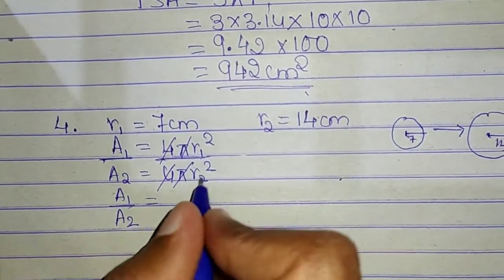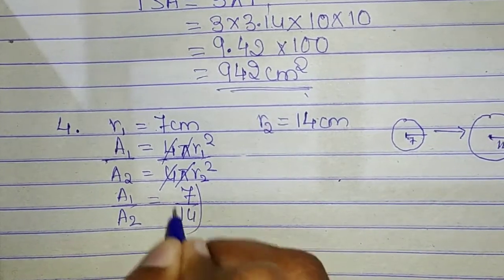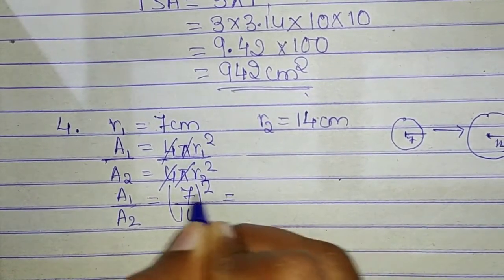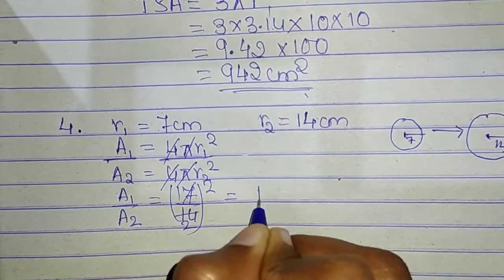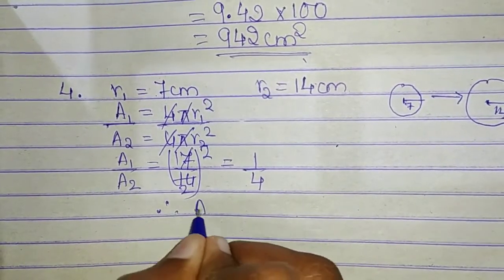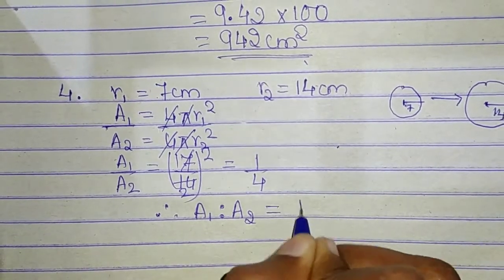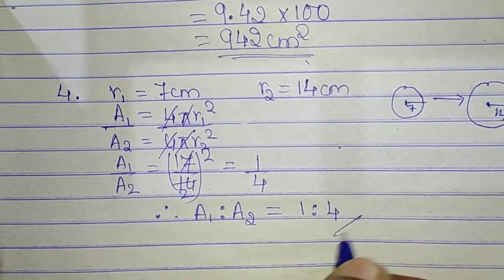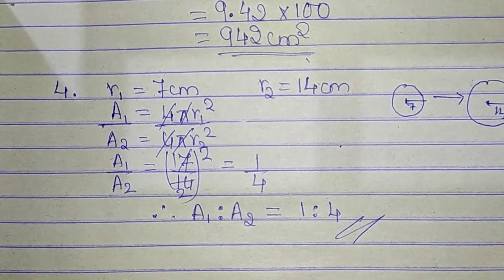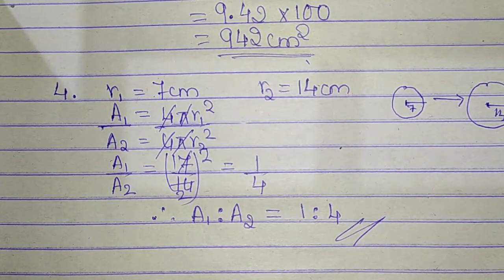What we will be left with is 7 by 14 whole square, which is 1 by 4. Therefore area 1 is to area 2 is equal to 1 is to 4. This is the required solution for the fourth question.